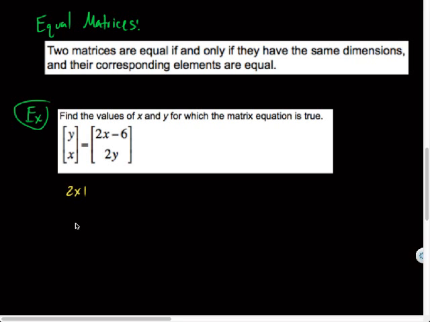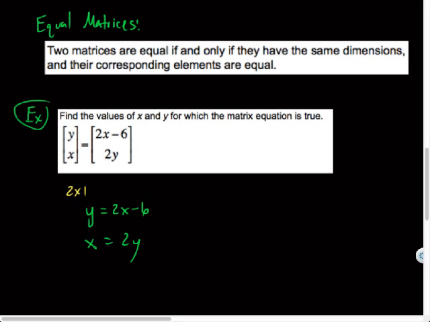What could you tell me about y? Yeah, those corresponding elements must be equal. And similarly for x, the second row first column must equal the second row first column. So x is equal to 2y.